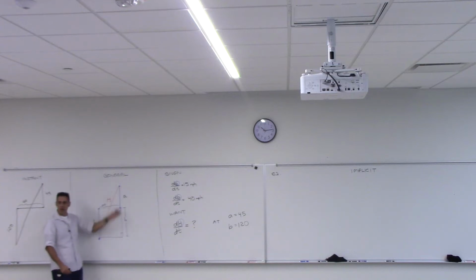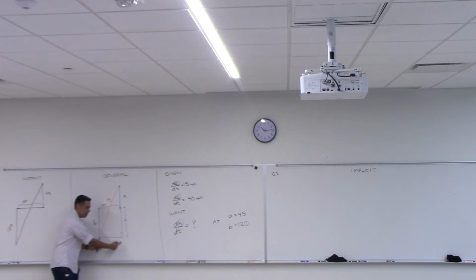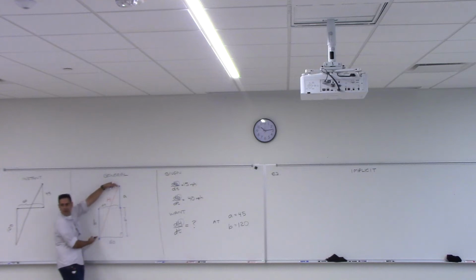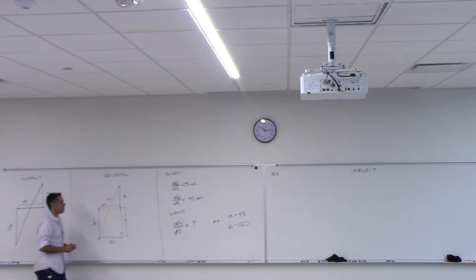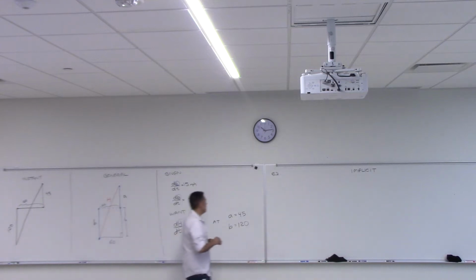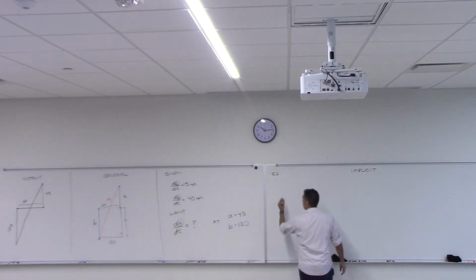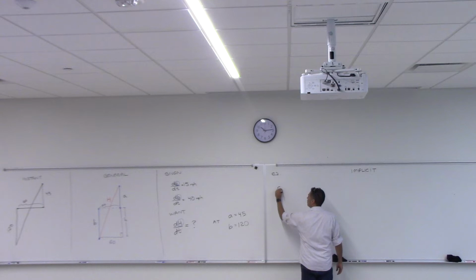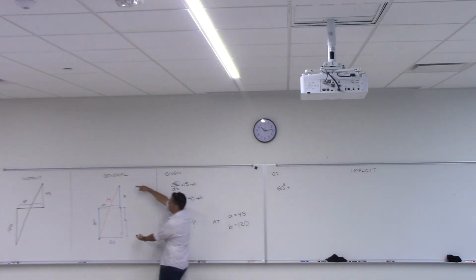Everyone see this right triangle? Do you know this side? 60, that's not changing, right? And so you have this side, and you have the hypotenuse is H, big H. We got it, right? Pythagorean. So my equation should be what? 60 squared plus this whole side squared.